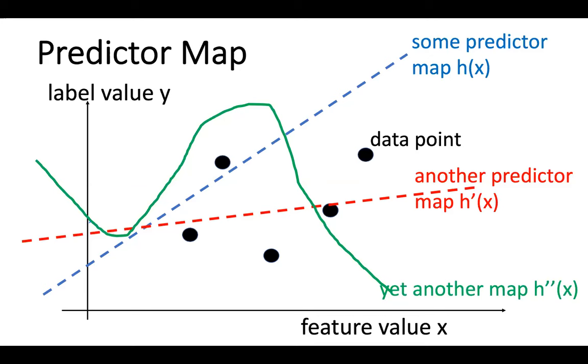In principle, infinite, yes. Is any mathematics student here? So is it infinite, or is it even more than infinitely many predictor maps? It's even more than just infinite. It's uncountably infinite. So it's very much infinite. Really a lot of predictor maps.